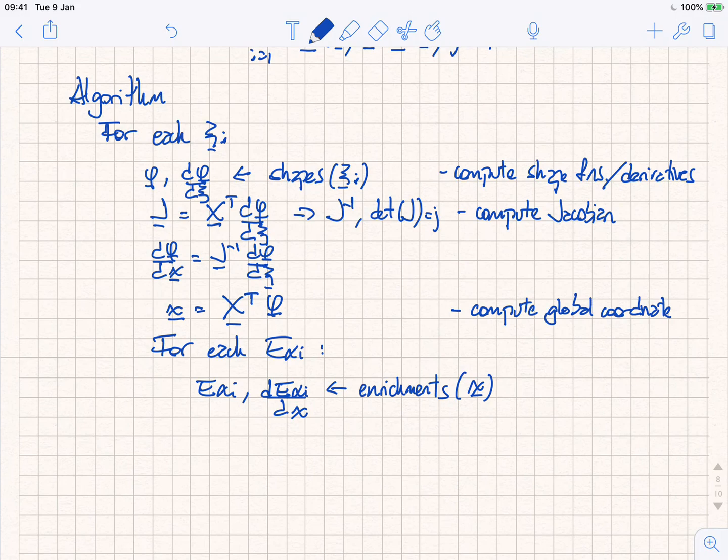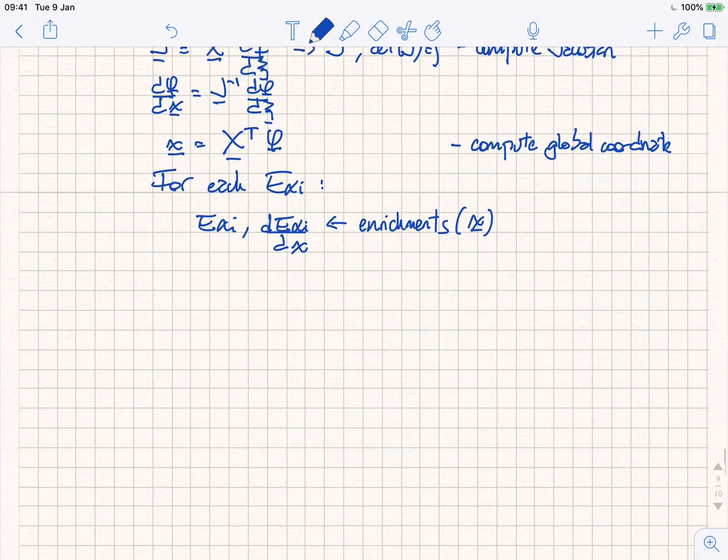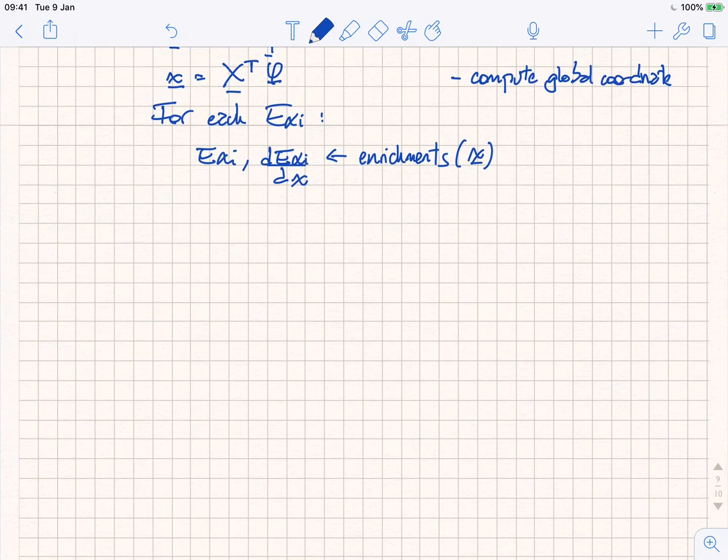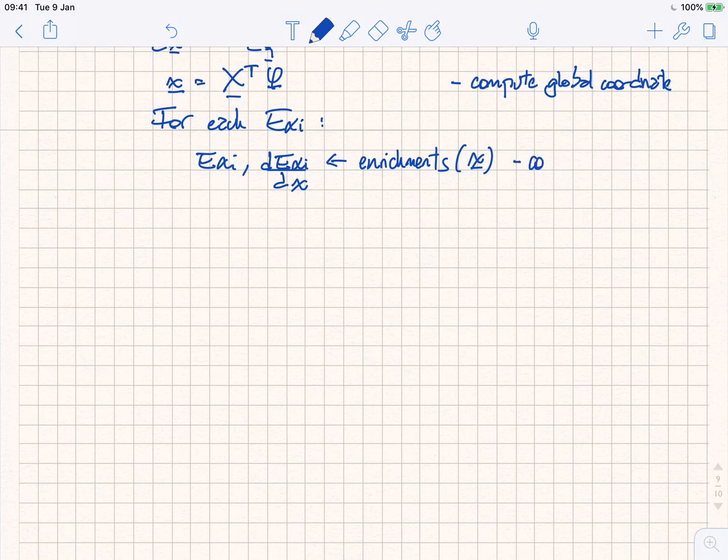Once we have that, we have the enrichments. So these are compute enrichments and derivatives.